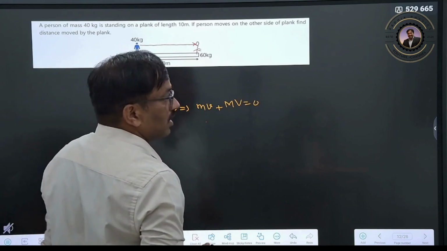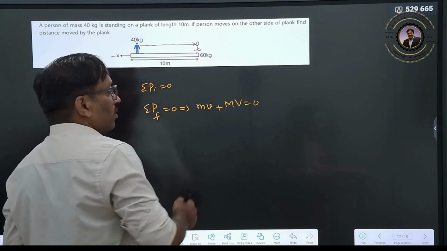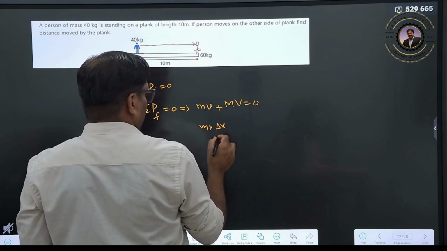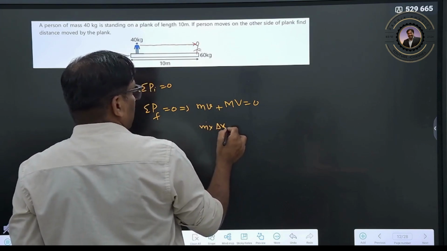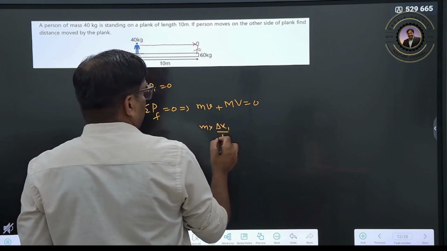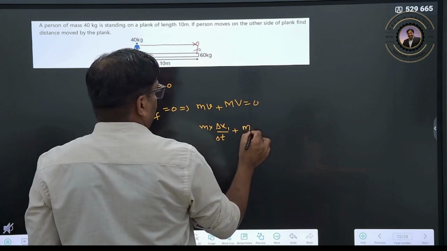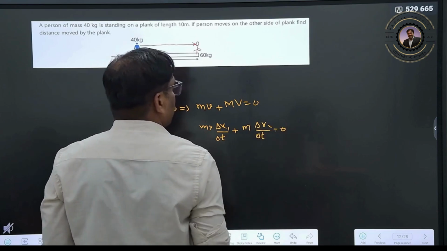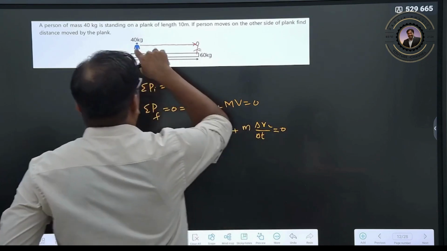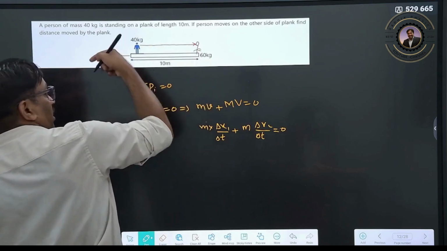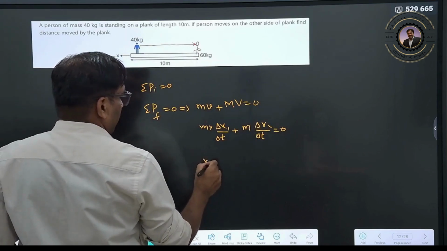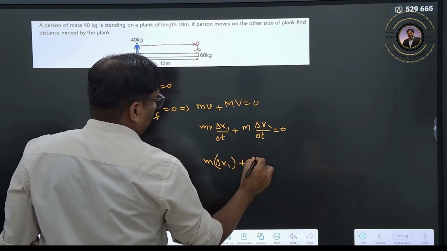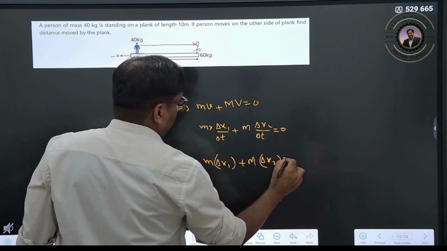That means velocity is nothing but distance, the change in distance over time. Therefore m1 into delta x1 by delta t plus M into delta x2 by delta t equals 0. In the same time the person comes here, the plank goes there, so delta t is the same. Therefore m1 delta x1 plus capital M delta x2 equals 0.